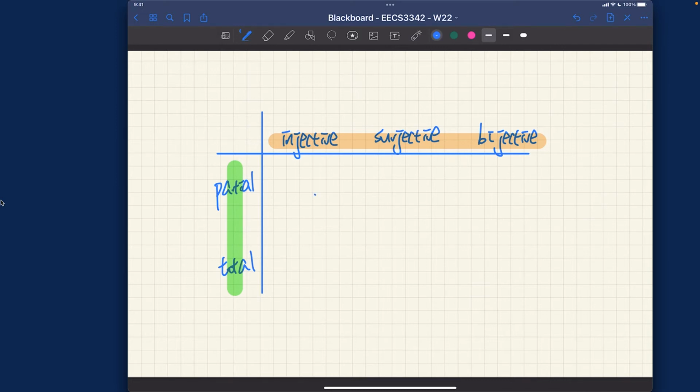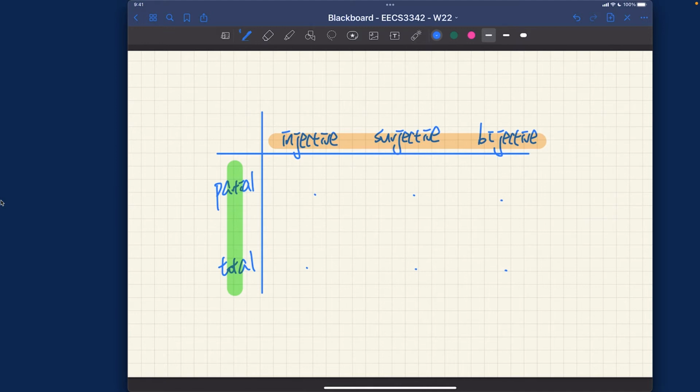So we got 1, 2, 3, 4, 5, 6 possibilities, and we're going to see each one of them as we go through the rest of this current video. All right, just to make sure you understand about two possible dimensions for categorizing functions. And of course, again, you should also understand another dimension, whether a given set of pairs is really a relation or is a function, right? There's another dimension, but let's not bother putting that on the paper in this case.